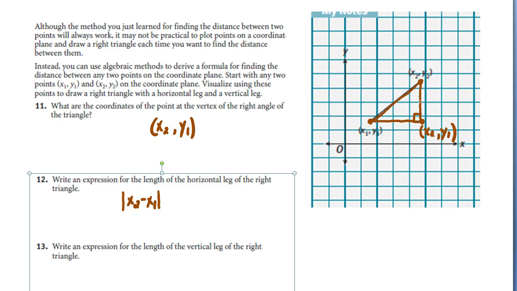So how long is this segment? To find that length, we can use the absolute value of the difference of its y coordinates, the y2 and the y1. Subtract them in either order because the absolute value is what changes it to a positive result.